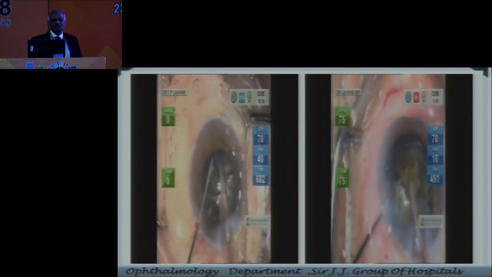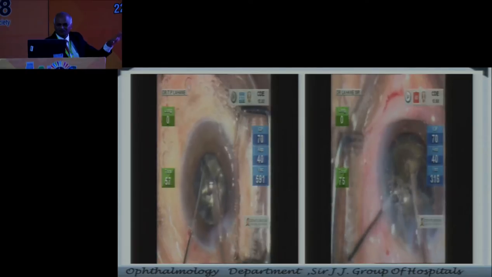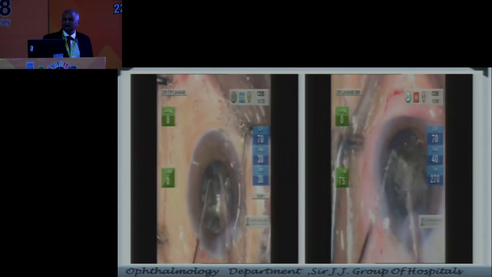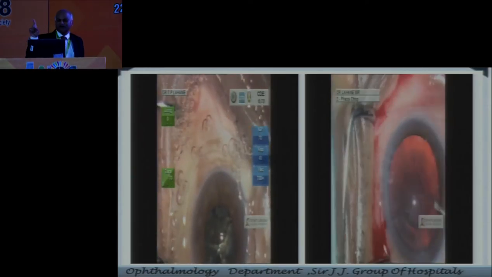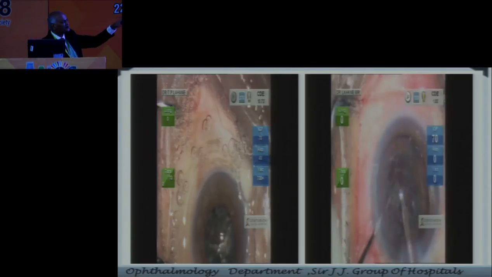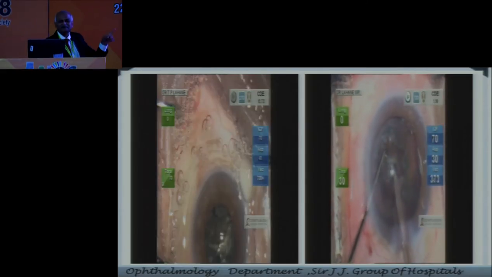When the torsional Phaco has occluded, the intelligent Phaco starts its work. Now what is the intelligent Phaco? When the torsional Phaco has occluded and then you want to cut, the cutting is done by the longitudinal Phaco automatically.